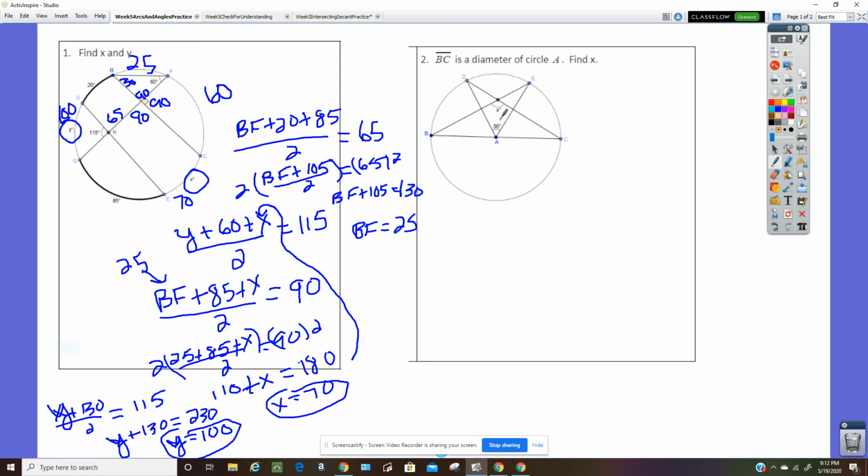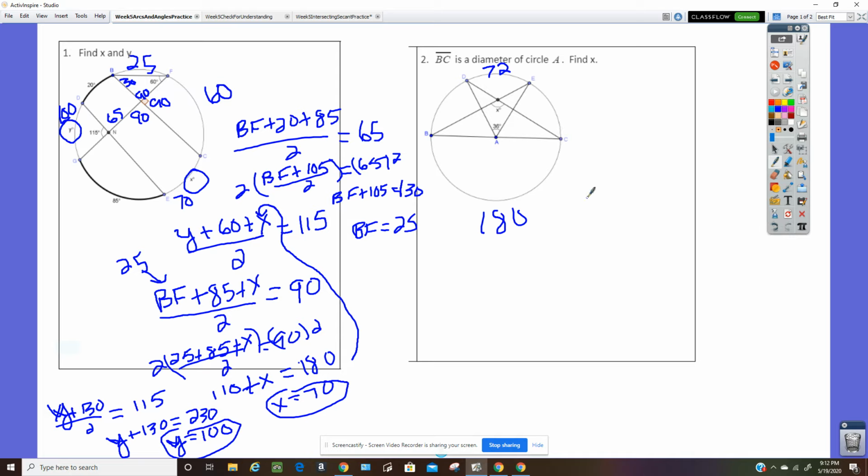And then number 2, if I want to find x, if this is a central angle, and it is, circle A is the center, then DE is 72. They say this is a diameter. So from B to C is 180.